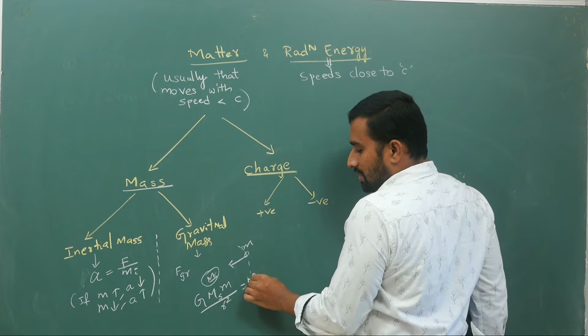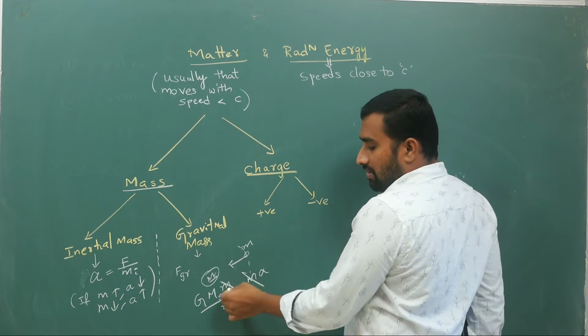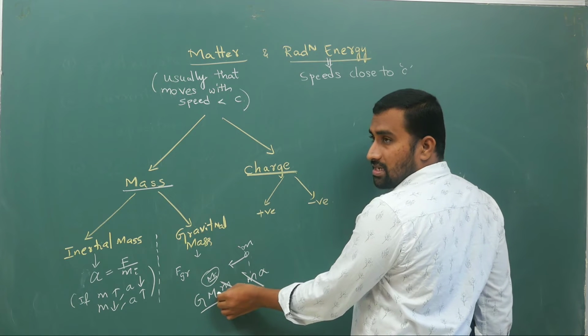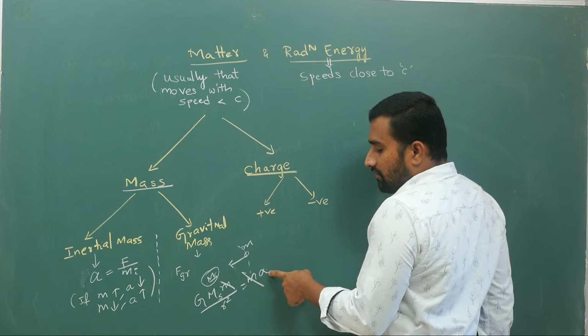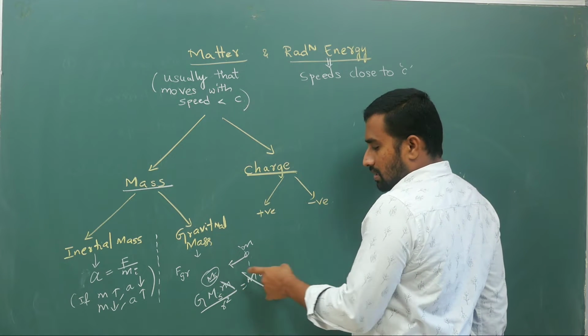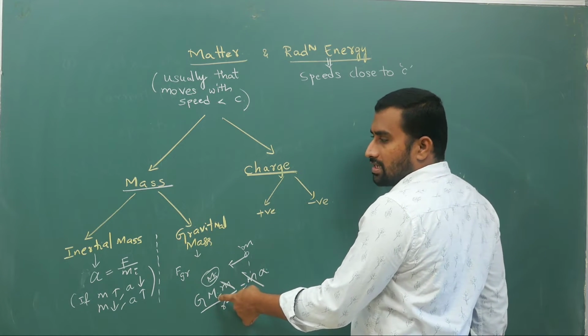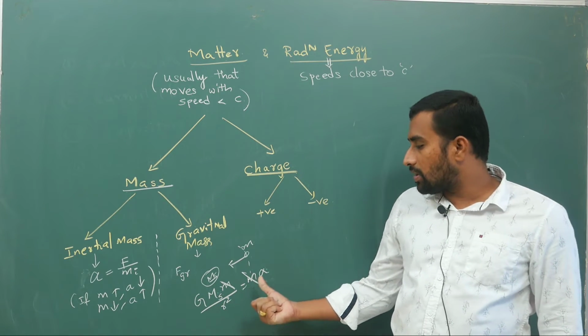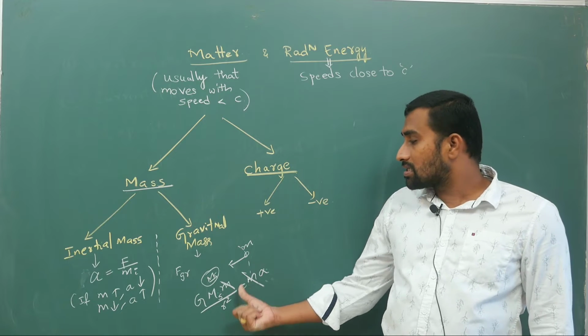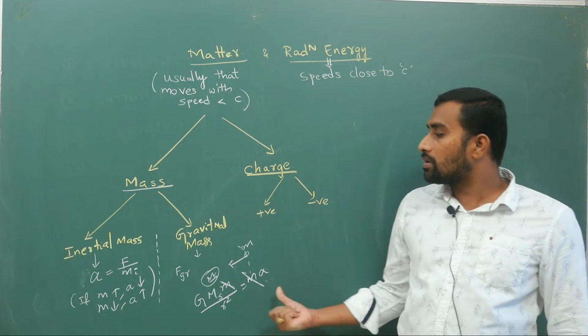If you write it as m times a, m goes off, and your acceleration is directly proportional to the source mass. If you increase the source mass, acceleration will increase; you decrease it, acceleration will decrease. Here the reason for acceleration of the body is mass.